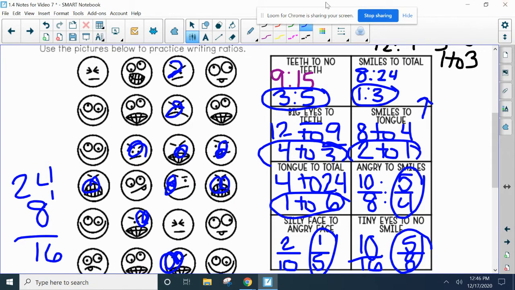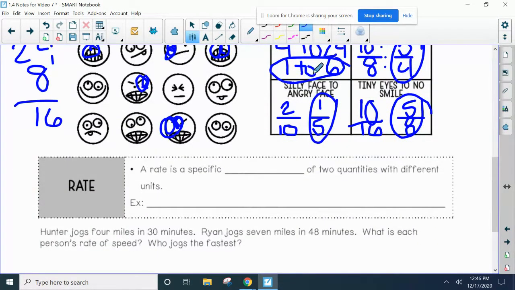Awesome. So a rate is a specific comparison. A rate is a type of ratio, a specific comparison of 2 quantities with different units.